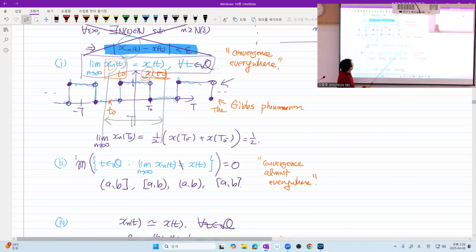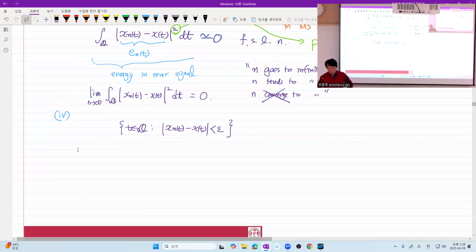Probably around these points of discontinuity, you will have uncountably infinite points that deviate from the original square wave by the amount of plus minus epsilon, right? Of course, if n is large enough, what will happen? Those lengths of the set would be very small. So just consider fixed epsilon and n and think.